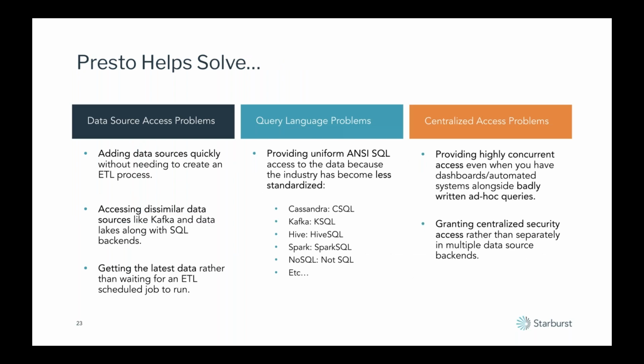So in that regard, this is really the three major buckets of what Presto helps you solve, one of which is the data source problems. And this, again, is the ability to add sources quickly without the need to set up pipelines, the ability to use a variety of different sources, which may be dissimilar, but they still are usable within the infrastructure, like Kafka being one of the examples.